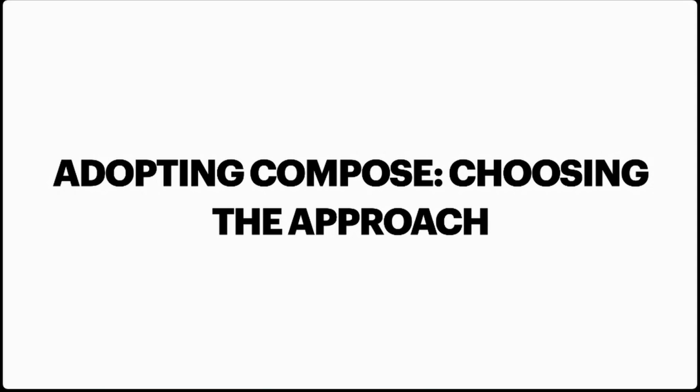What makes the latter a possibility is the concept of interoperability. What this means is that Jetpack Compose code can live side by side with XML-based code. With that said, adoption can be done in one of two ways according to the Android developers website.